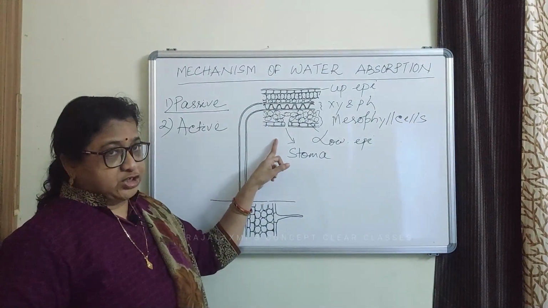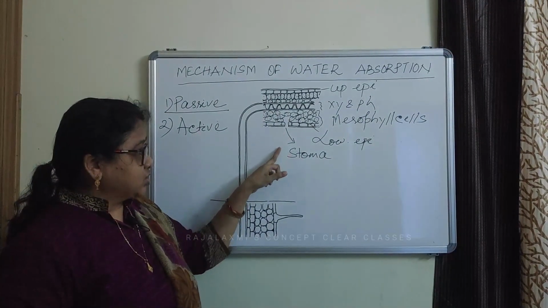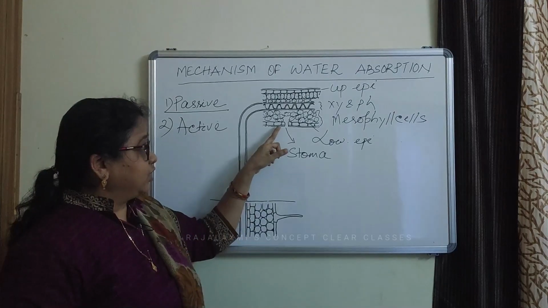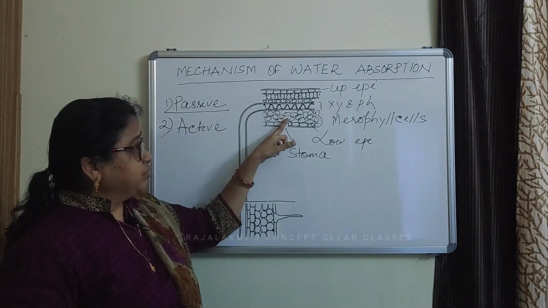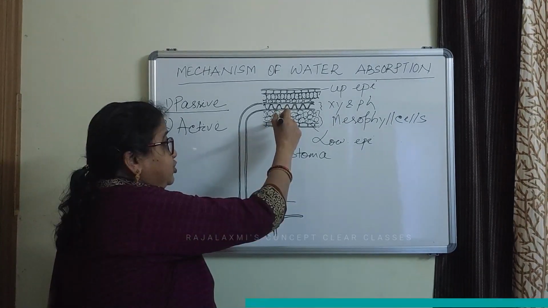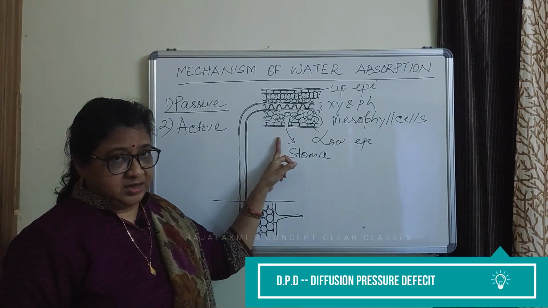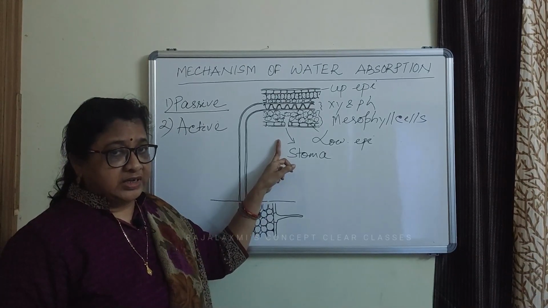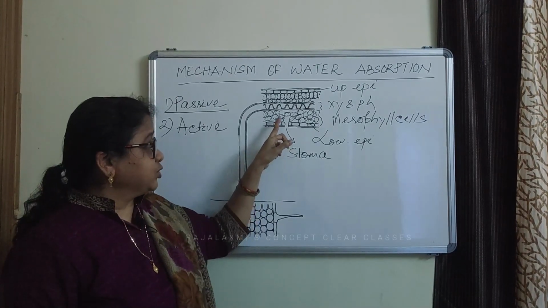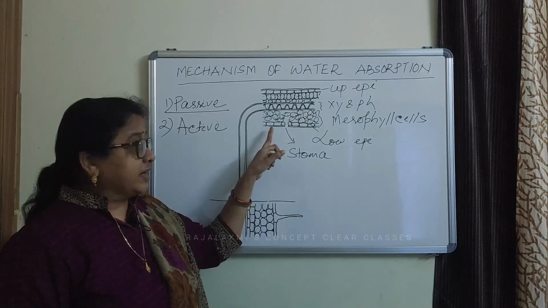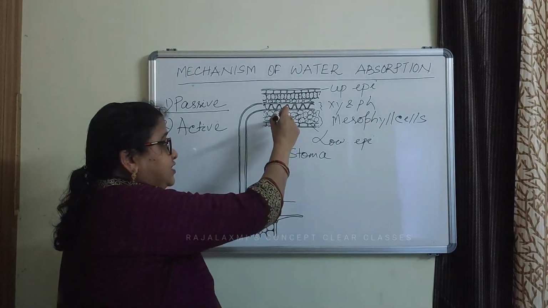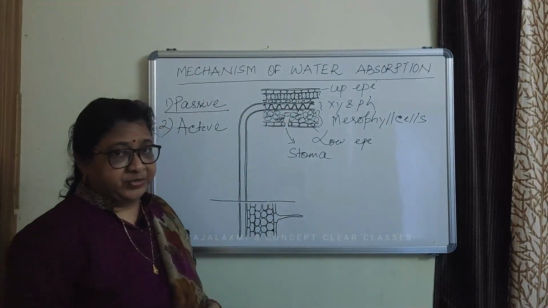Then during transpiration, when water is lost through the stomata or from the mesophyll cells, the diffusion pressure deficit increases in the mesophyll cells, or the osmotic pressure increases in these cells. So water is absorbed from the adjacent cell into it.